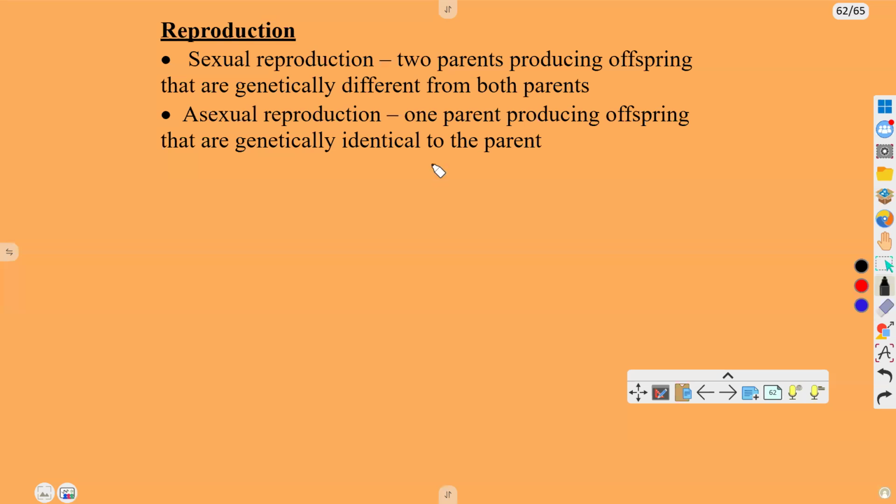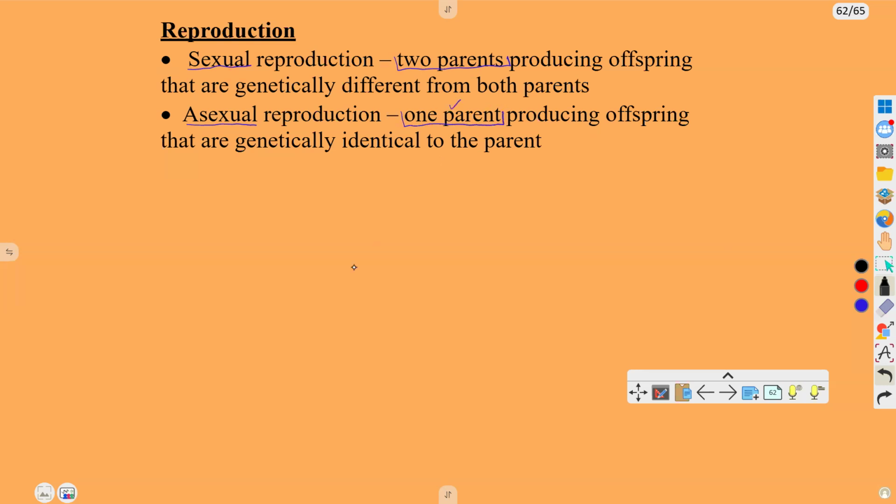So, when it comes to reproduction, we have two types of reproduction. On one case, we have sexual reproduction, and on the other case, we have asexual reproduction. Now, in the past, you probably have been told that sexual reproduction is between two parents and asexual reproduction is just one parent.